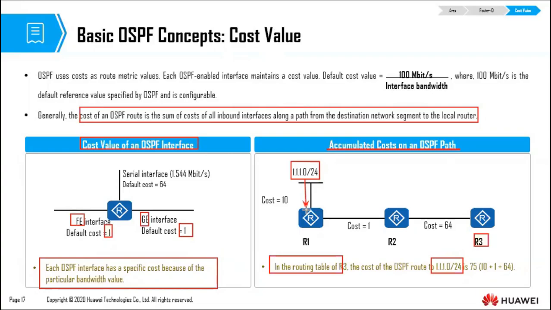So we add the cost of this interface here, which is 10. Are we together? The cost of this other interface here is 1. The cost of this interface here is 64. So 10 plus 1 plus 64, and then we get that the total cost for that particular path is 75. Is that clear?